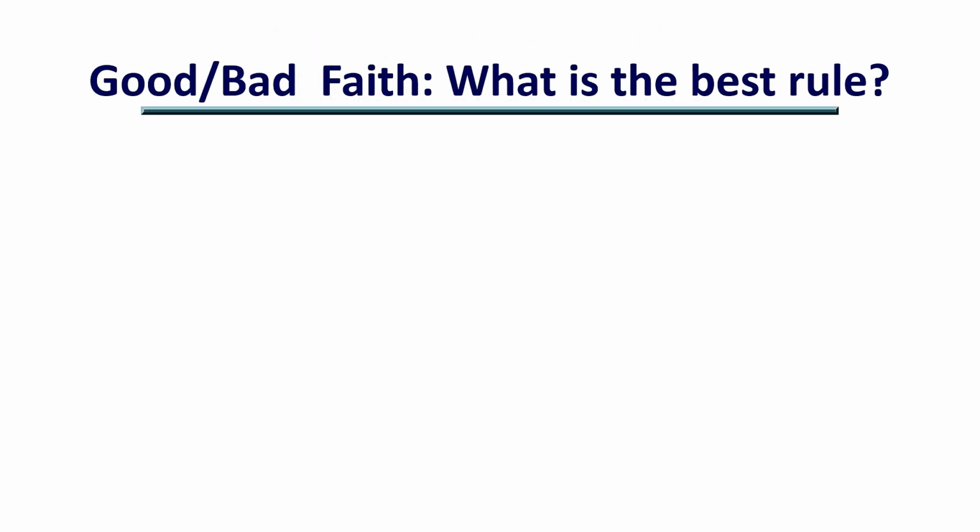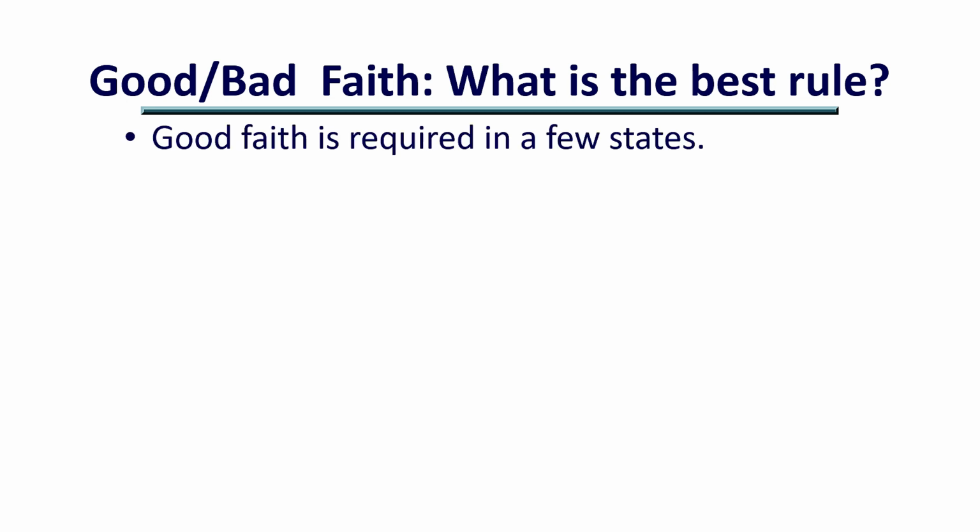Now, we need to wind up by talking a little about good faith and bad faith. Good faith is required in a few states, and it's understandable. We can say, well, after all, if an adverse possessor isn't in good faith, it seems sort of like a shame to reward them for sitting on somebody else's property. So we can see why a state might require good faith.